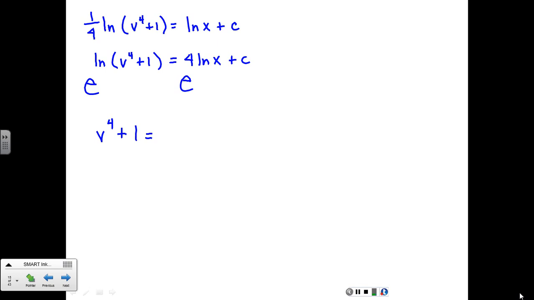The number that's been pulled out front was actually an exponent. Okay? So this is x to the 4th. And the c became what, though? I forgot about that. C1 x to the 4th.